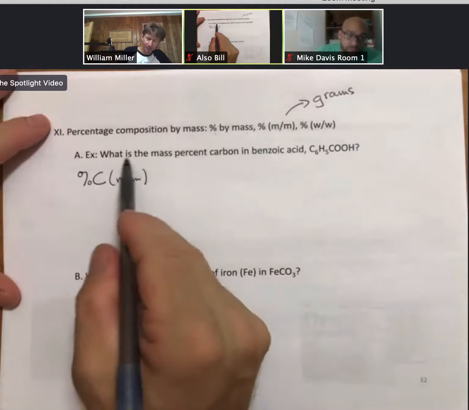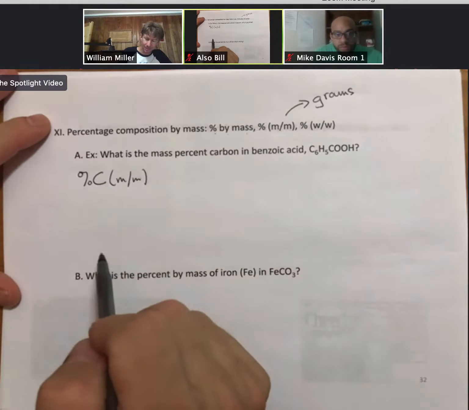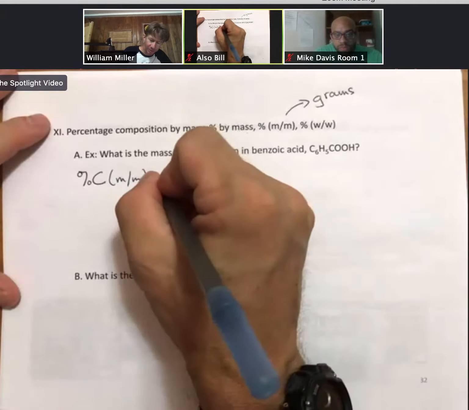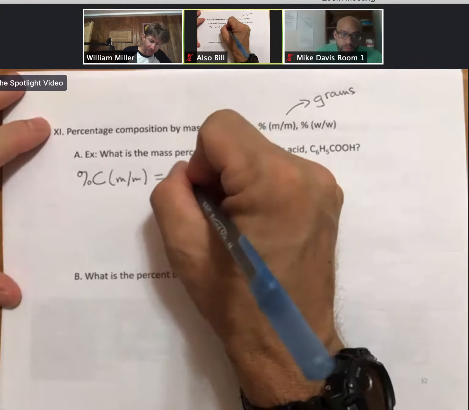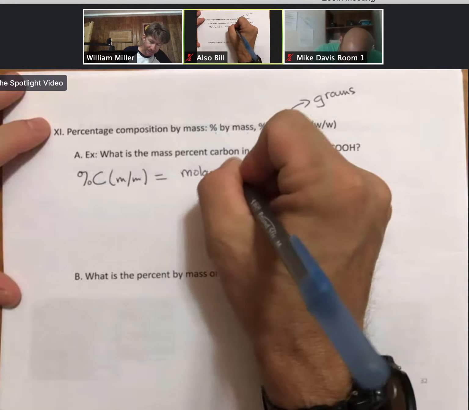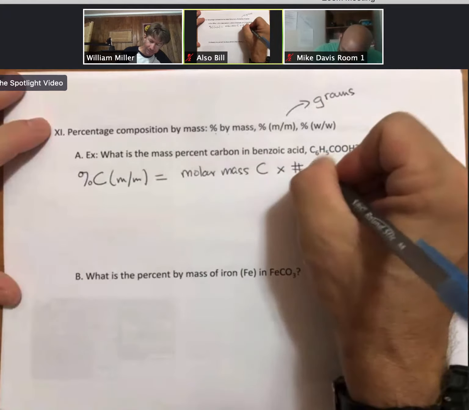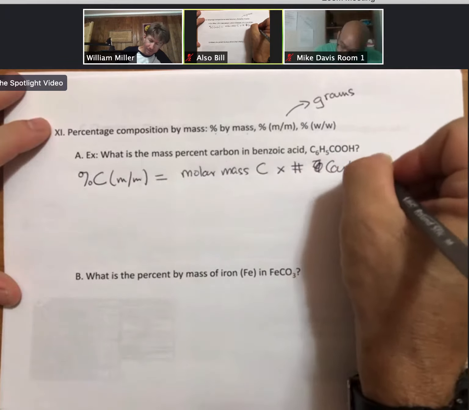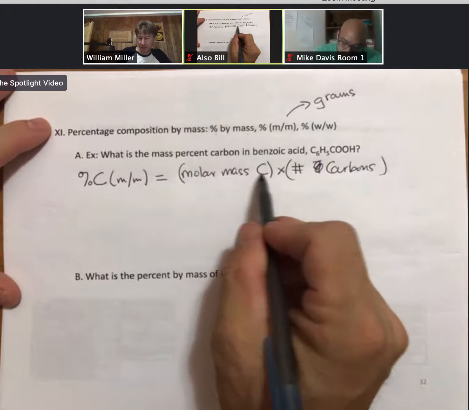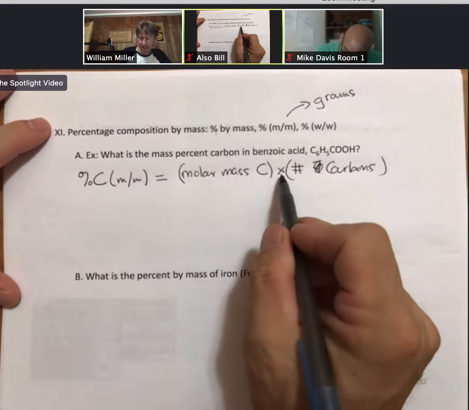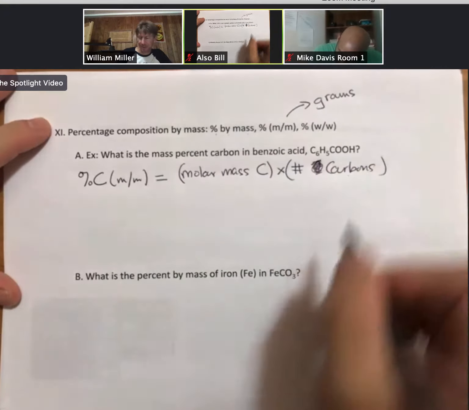And so mass percent carbon will be percent carbon mass by mass. And I'll give you the formula. So it's going to be the molar mass of carbon, and I've put molar mass of carbon in parentheses, and then times the number of carbons.